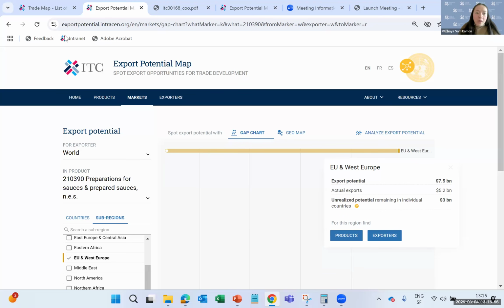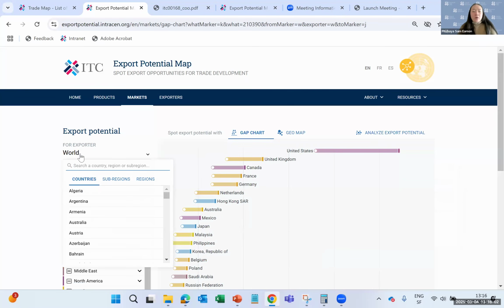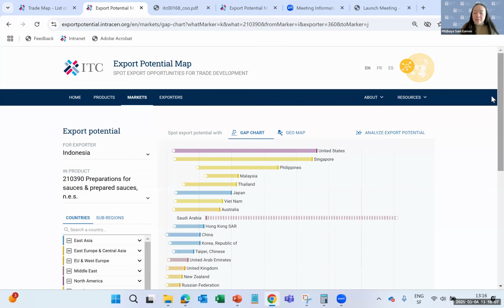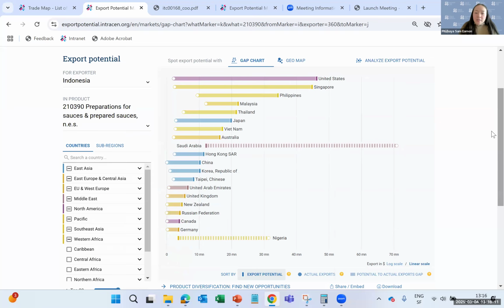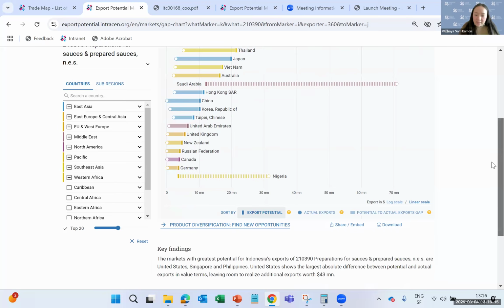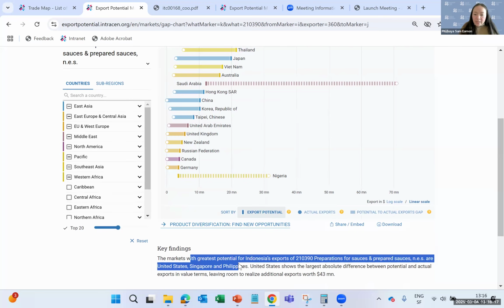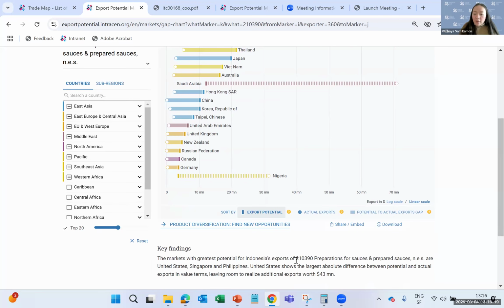Okay, so then what I'm going to do next, instead of world exporter, I am going to go back to Indonesia and look at my own country's export of this particular product. So the greatest export potential, read here: the markets with the greatest potential for Indonesia export of prepared sauce are United States, Singapore, and Philippines.